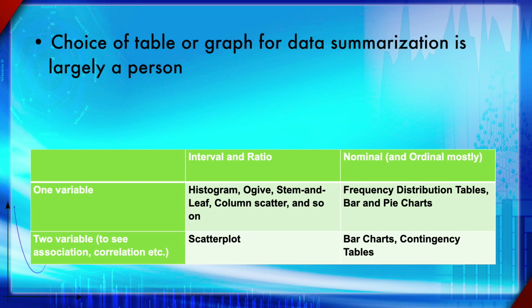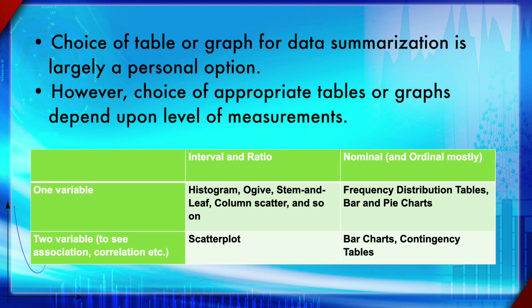The choice of table or graph for the data visualization is largely a personal option, and also depends on what you really want to convey. The same data you can present either as a table or as a chart or a graph, but of course, you should not repeat the same thing, redundancy is bad. But the choice of appropriate table or graph depends upon the level of measurement, as you can see from this table.